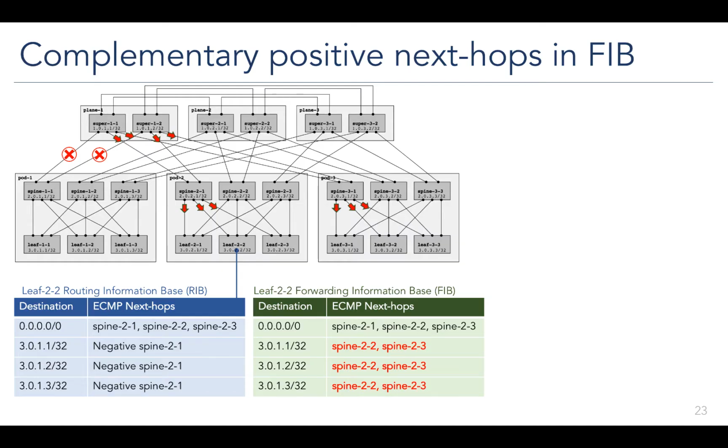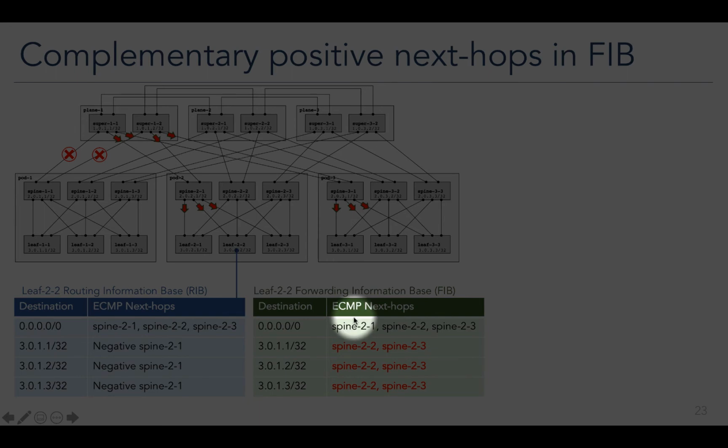In this diagram, we see the resulting routing table and forwarding table for our example topology. We're looking at the specific prefixes for the leaves in pod 1. In the routing table, or the RIB, we have negative next hops, which indicate that we should avoid sending the traffic through plane 1.